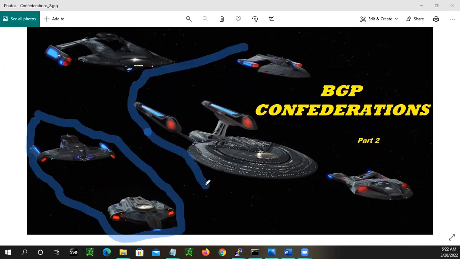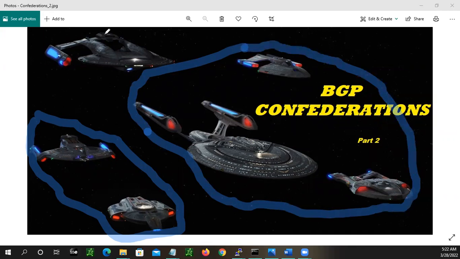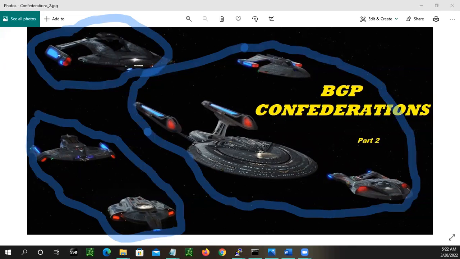You've got these starships which represent BGP speakers, and within this grouping you have internal BGP speakers. So internally you have these IBGP speakers, these IBGP speakers, and so on. So you get the picture.